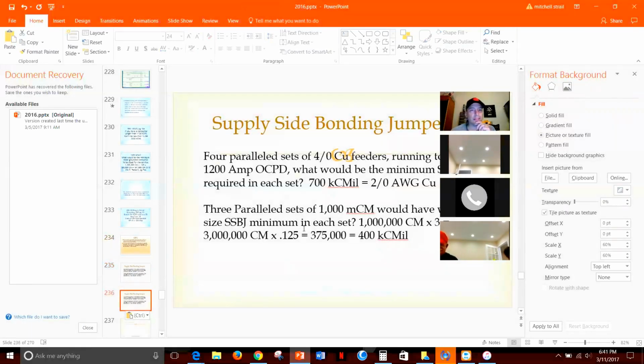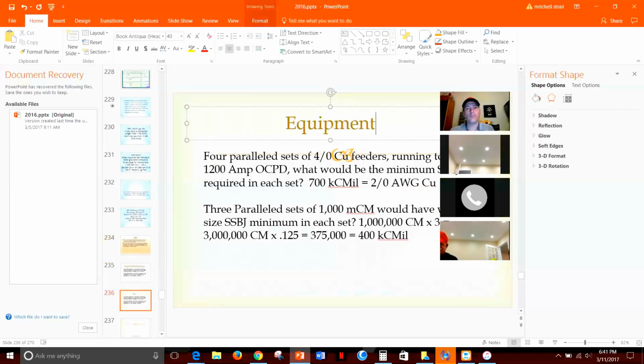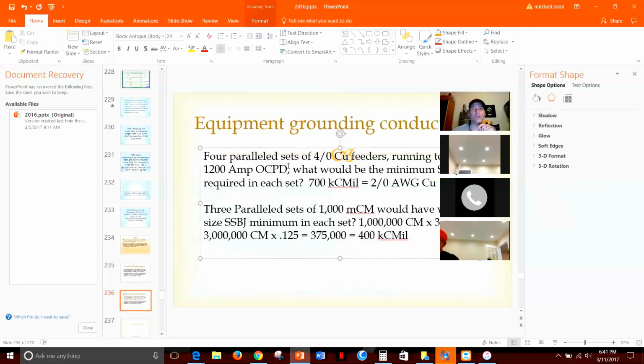All right, so if we had this last one, they ask us for an equipment grounded conductor. And we had the same four parallel sets of 4-aughts that were running from instead of to. What would be the minimum size EGC required in each set? 3-aught.